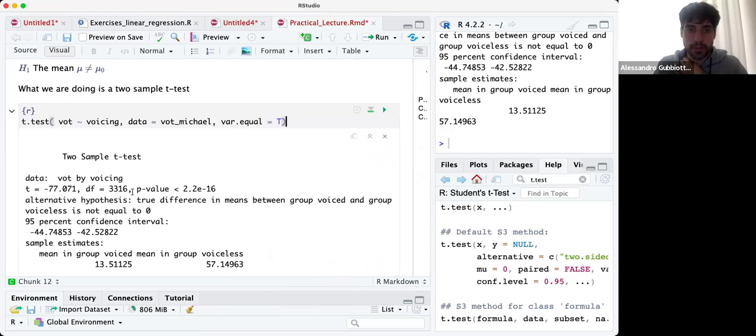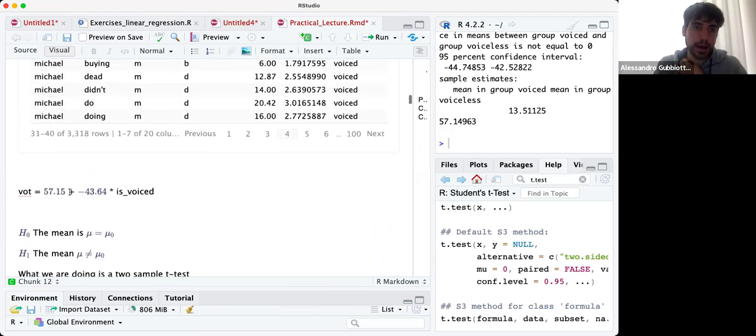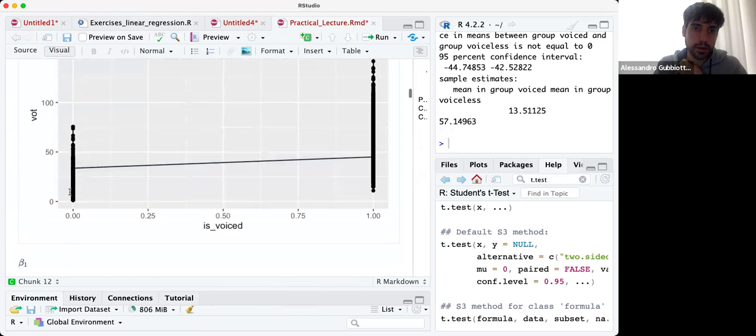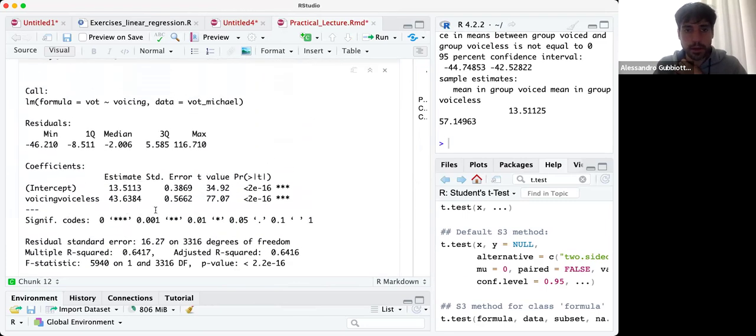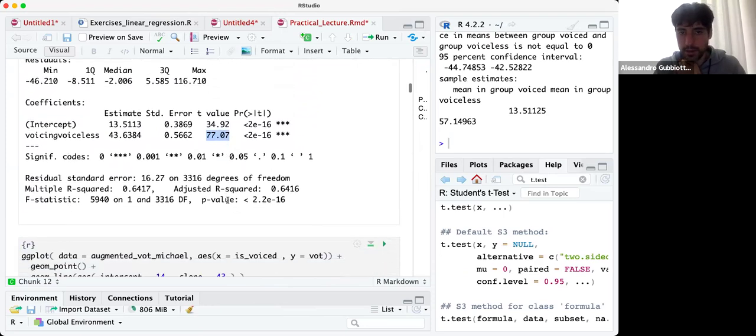So the t statistic is 77, and going back to the summary of our model, the t statistic is 77. So it is exactly the same test.